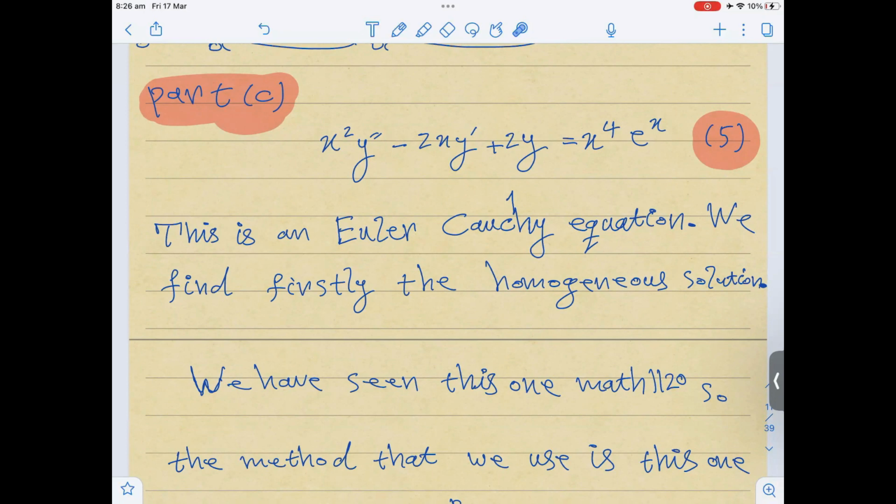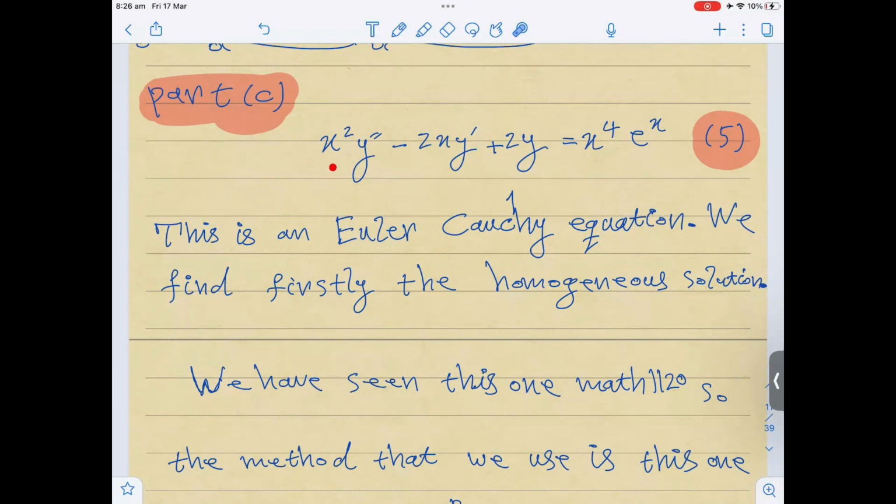For the homogeneous part, let the ODE be as it looks. You don't have to divide it by x squared, okay? But for obtaining the non-homogeneous yp, we have to make it standard form in terms of the lecture notes.